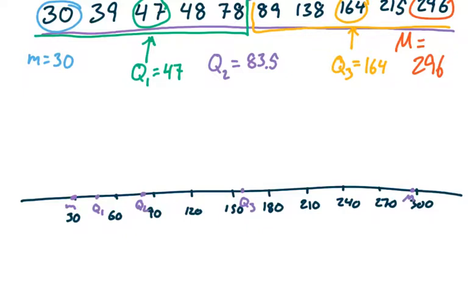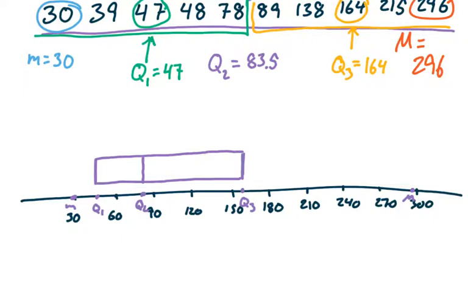So we'll draw a vertical line above Q subscript 1, a vertical line above Q subscript 3 there, and then put a top and a bottom, and make it into a box like that. Draw a vertical line through the median, or Q subscript 2.